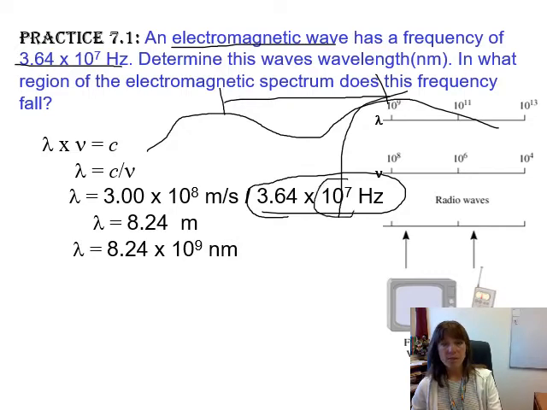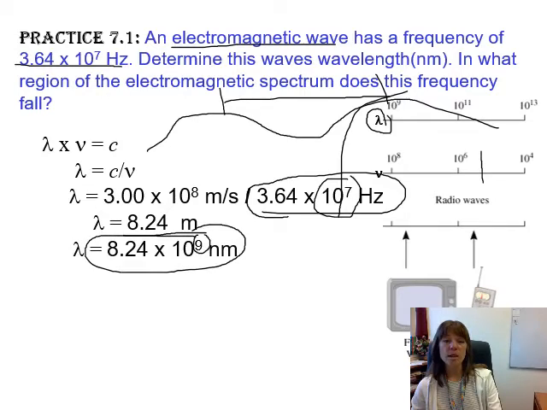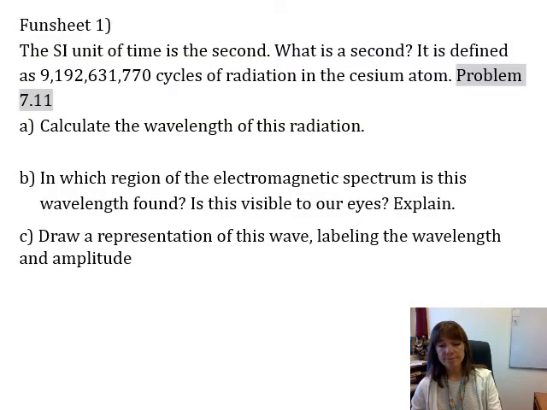So here's 10 to the 7th hertz, or looks like 8.24 meters. Now this is a wavelength here. This is nanometers here. So 10 to the 9th nanometers looks like it's falling right around here. So it's in radio waves.